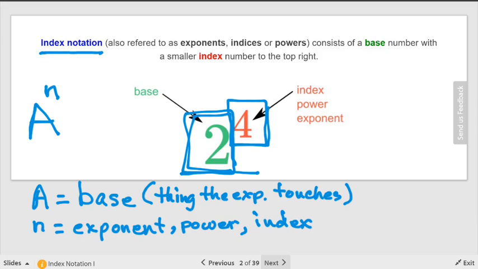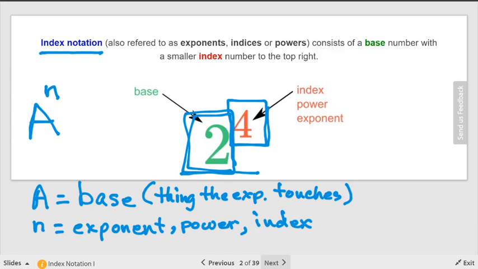Now, in reality, is the 4 touching the 2? No, but it's right up against it. You can see that they go together, right? And we'll see some other examples of what I mean by that. So, it's the thing. Does that mean it's always going to be a number? Nope. And it has to touch the exponent.